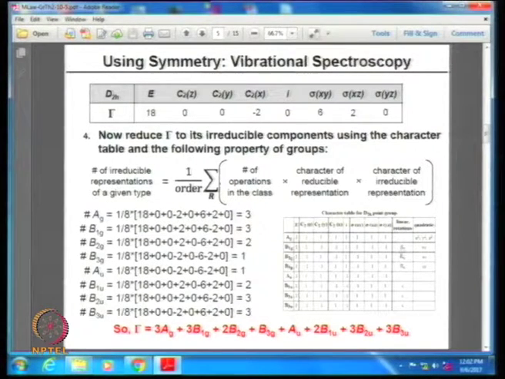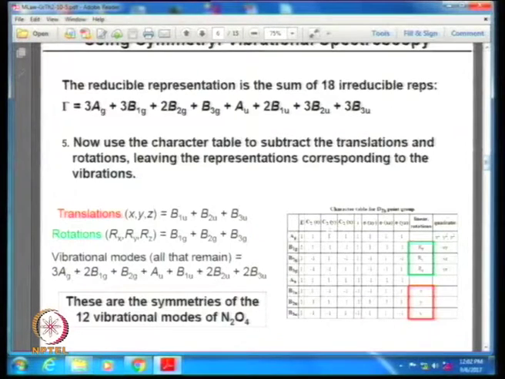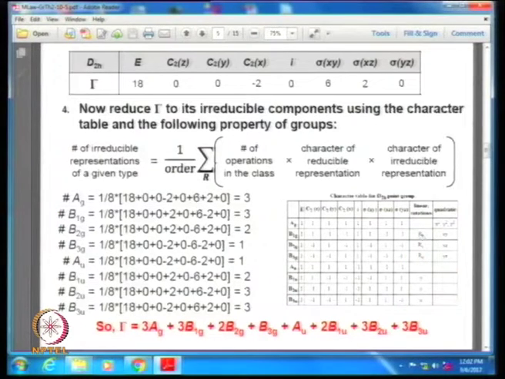We can also classify the properties, at least of x, y, and I can argue RZ, RY. In this table we can see that RZ has the same properties as XY, so it is essentially an XY rotation, and RY is XZ rotation, and RX is YZ rotation. So the product of the two axes has the same property as the proper rotation in that plane.